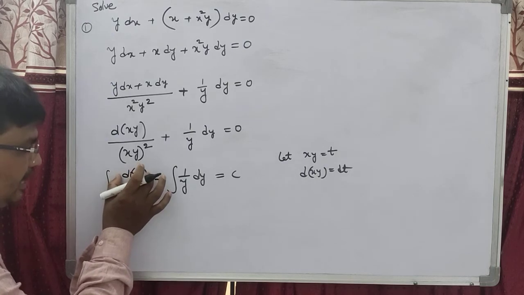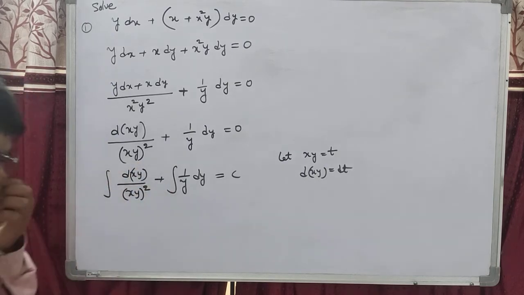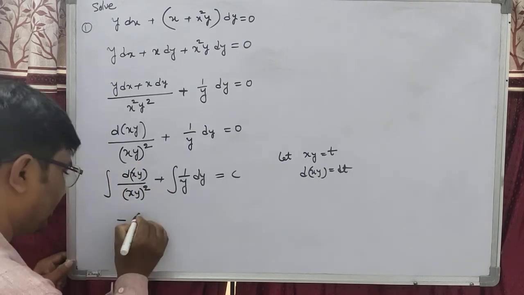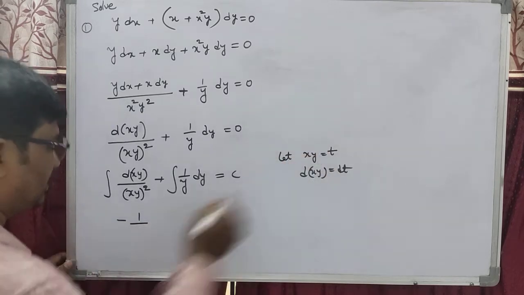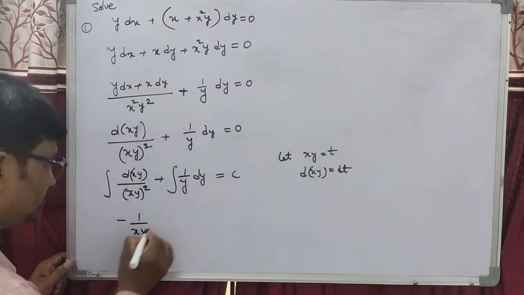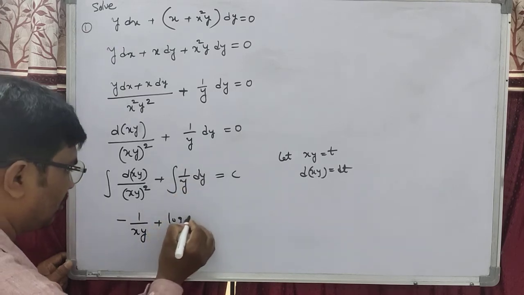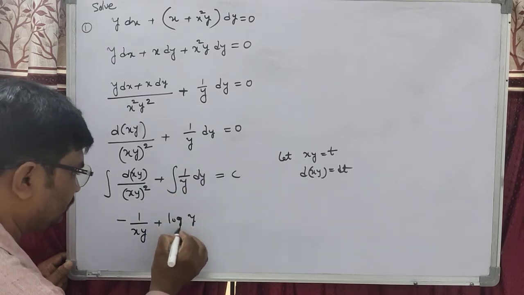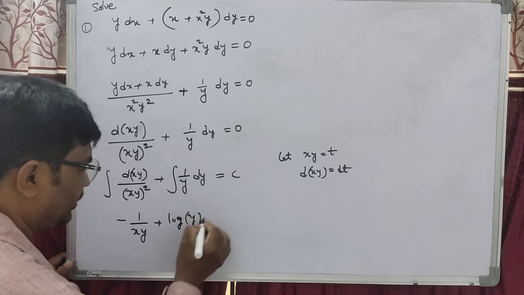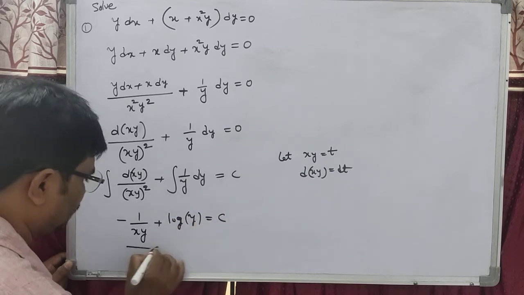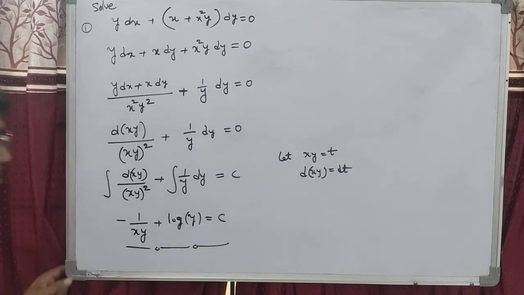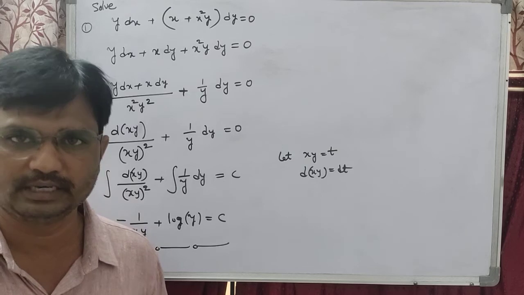Minus 1 by t, and t is xy. Now the integral of 1 by y is log mod of y equal to c. This is the solution. Minus 1 by xy plus log y equals c. Understand, students?